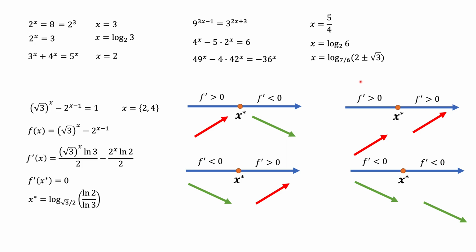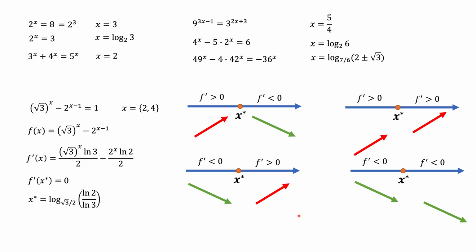Now, we know that these two cases cannot happen. And that's because that would indicate that our function f is monotonic. A monotonic function, when we're looking for an equation where a monotonic function equals a constant, can have only one solution, 0 or 1. But we already have two, so that doesn't work. So we have one of those two cases.